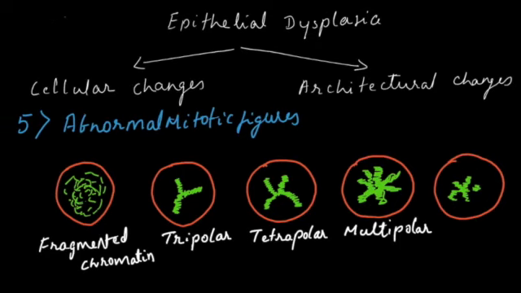And sometimes we will be seeing a small fragment of chromatin separated from the main bunch, and it's called as asymmetric fragmentation of chromatin. So all these are the atypical mitotic figures that we see in epithelial dysplasia or in neoplasia.